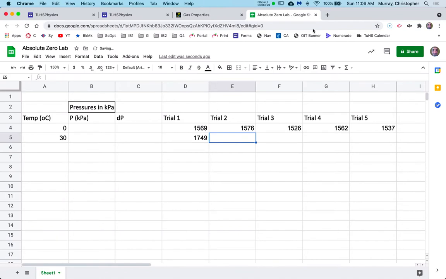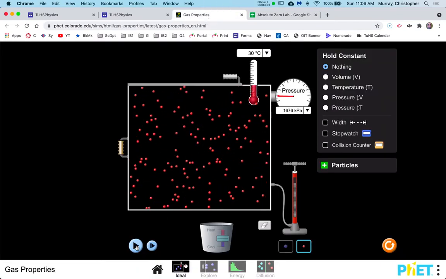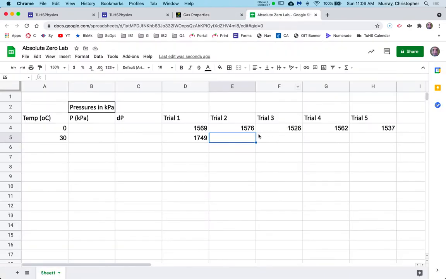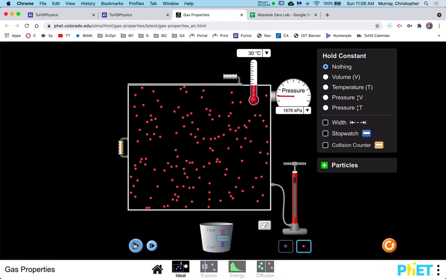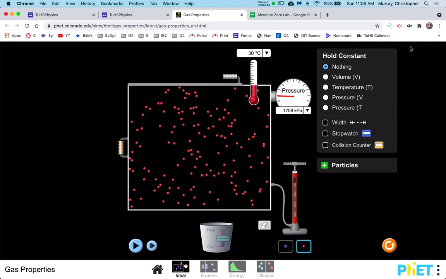And then what I'm going to do here is average these once I've got them all done. 1676. Was it really 1749? Looks like it was. 1708.